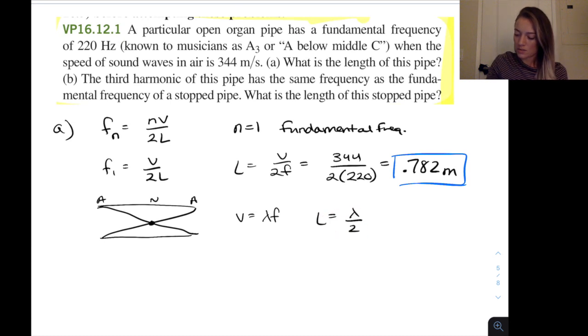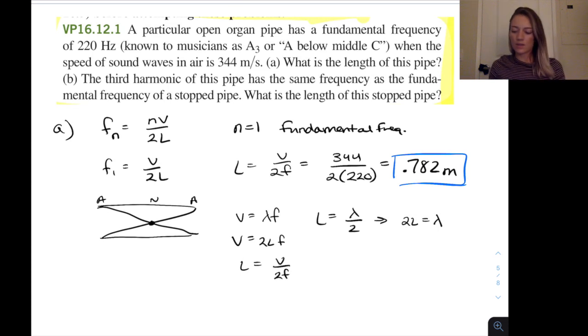We can rewrite this as 2L is equal to lambda. So we'll have v is equal to 2L times the frequency. And then to solve for L, you can see we'll get the same exact expression. We'll get L is equal to V over 2f.